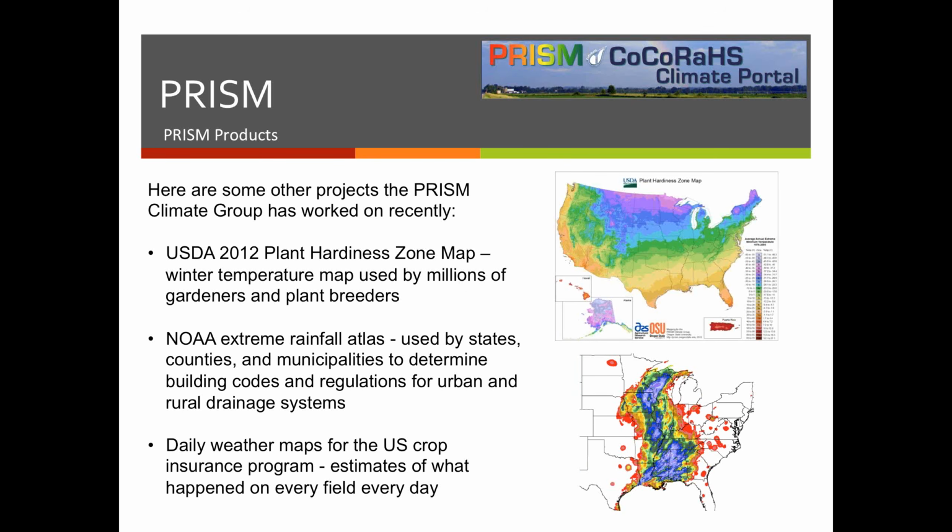Well, what can you tell us about some of the products that they have, Nolan? Well, I've been looking at PRISM maps ever since they first rolled out their first set, something like 20 years ago.